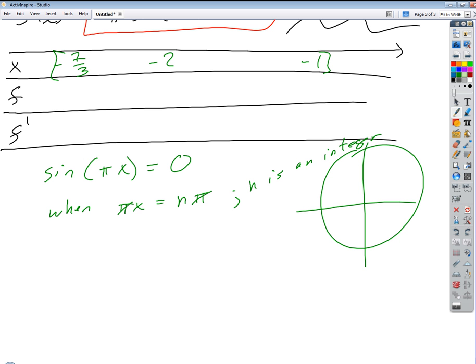Not negative pi. Well, no, because we're multiplying x times pi. So where is sine equal to 0? At the integer multiples of pi, right? So that just means that if x is any integer, this quantity is going to have a value of 0. How did we get that algebraically?